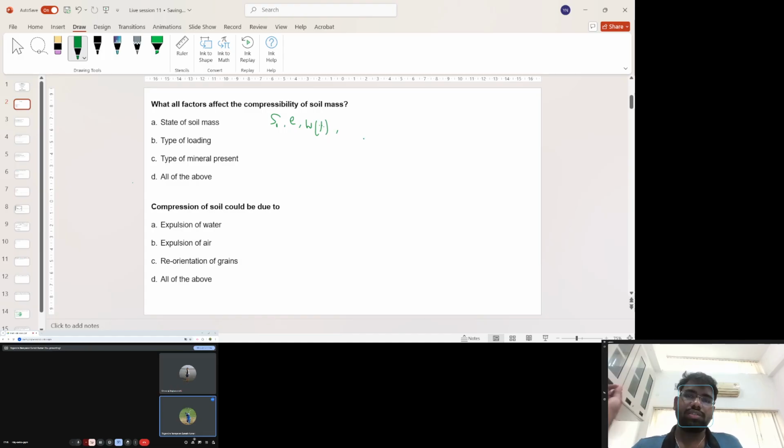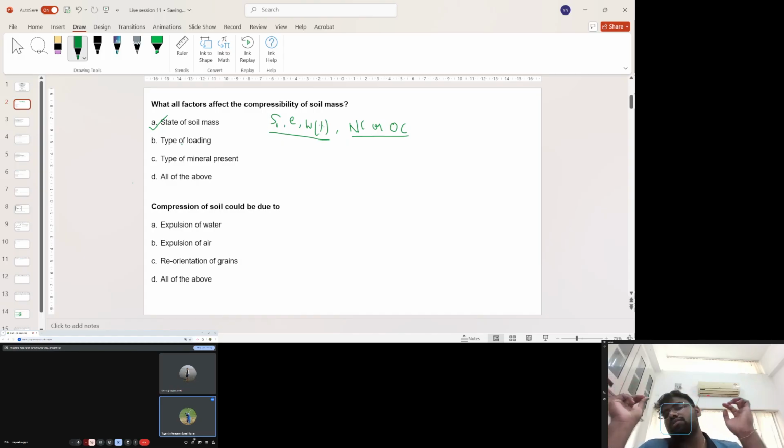Another main aspect is stress history, whether it is NC or OC. That also comes under the state of soil mass. NC material will have a different type of compressibility behavior, and OC material will have a different type of compressibility behavior. So these aspects govern the compressibility of the soils. Hence this option is right.